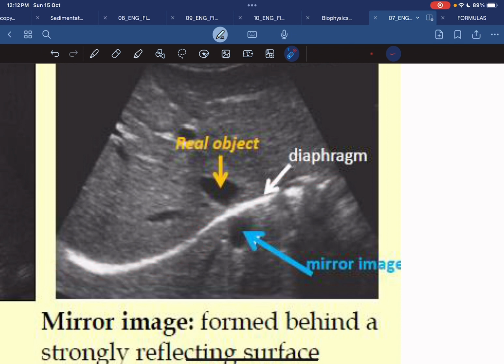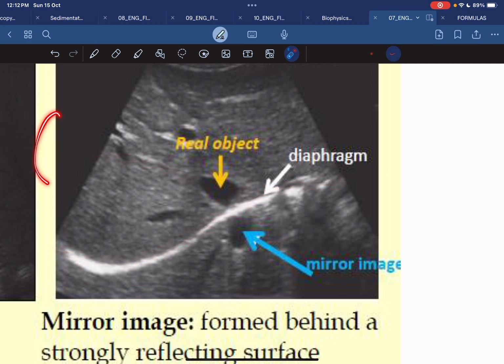So this is a real object, and it completely reflects the ultrasound. The diaphragm absorbs some and reflects some again, and this reflects that ultrasound back to the transducer.